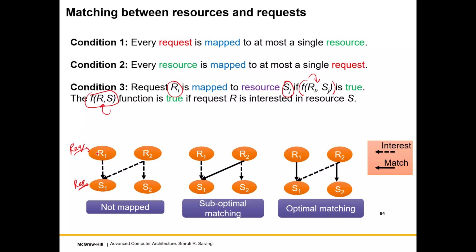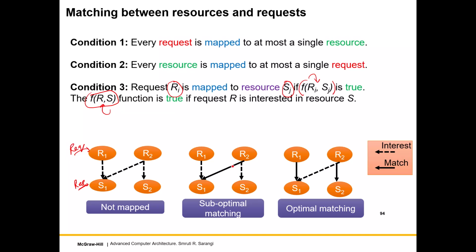So with these 3 conditions in mind, we draw a bipartite graph with the requests here and the resources here, and a dotted line between requests and resources indicates that there is no mapping. Request R2 is interested in 2 resources, S1 and S2, and R1 is interested only in S1.